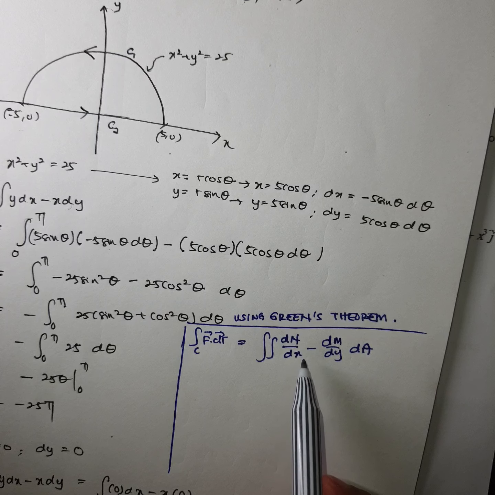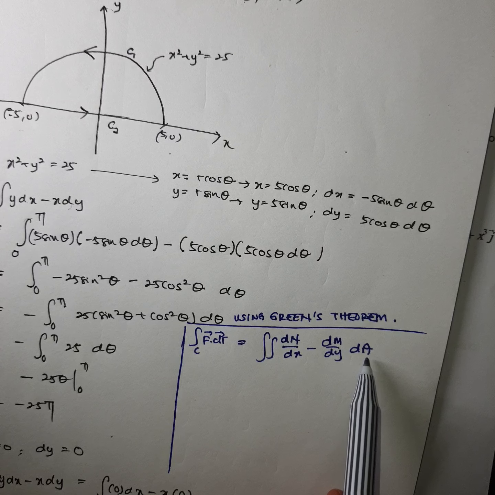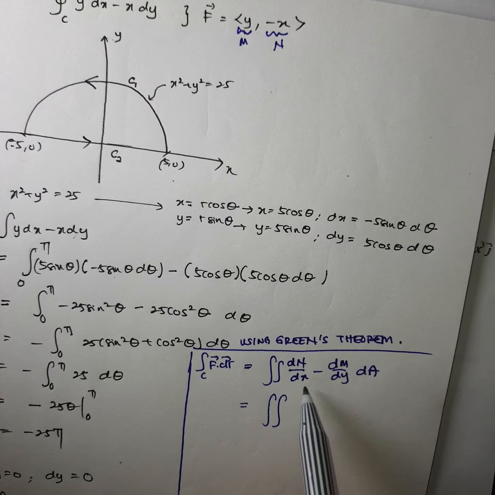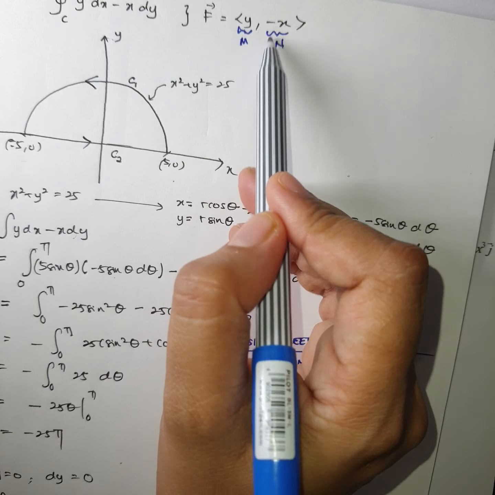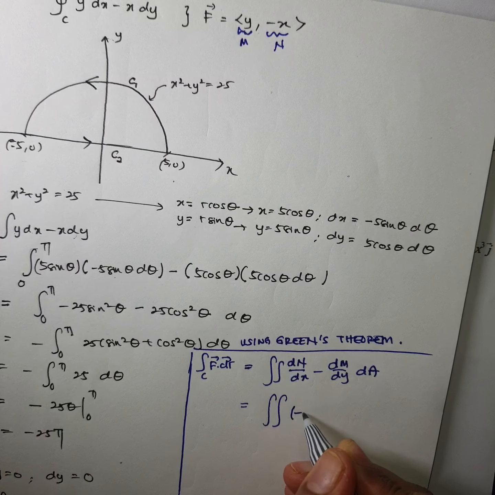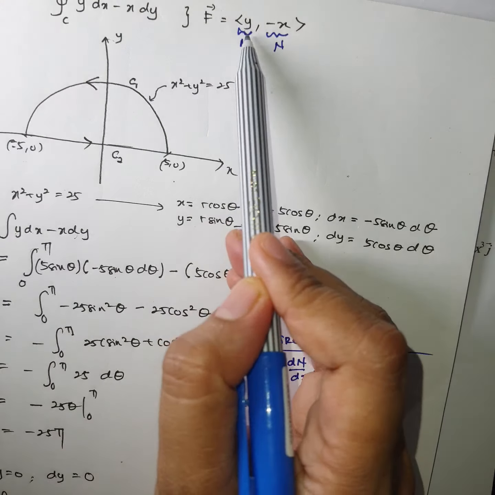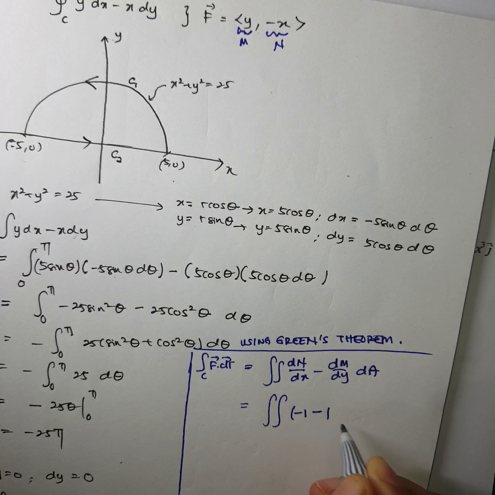Okay, so your dA will become r d theta. Okay, so dN/dx, meaning the y component you differentiate with respect to x, you can see that you will have negative 1. Okay, minus the x component differentiated with respect to y, you can see that you have 1 here. So negative 1 minus 1.